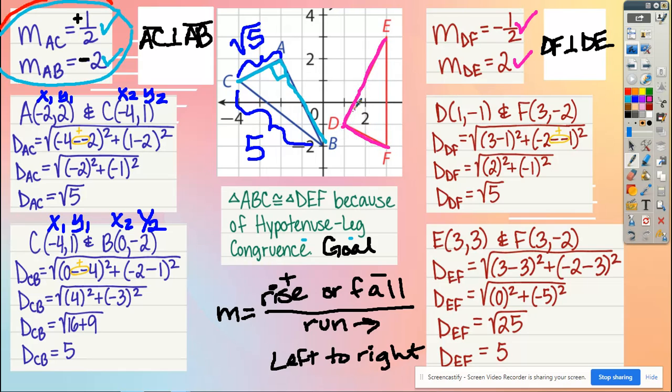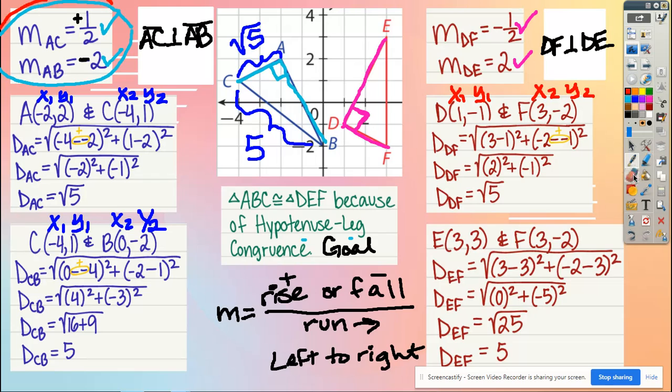To be perpendicular, which means I can put a right angle, because perpendicular lines create right angles. Then from here, we have to find the length of DF by using the distance formula. Remember, this is x1, y1, x2, y2, and you just follow the distance formula.